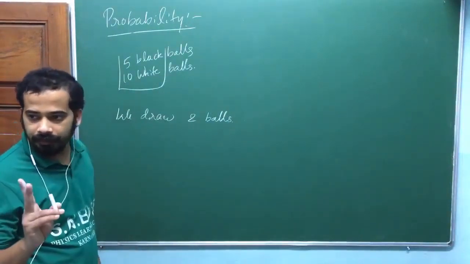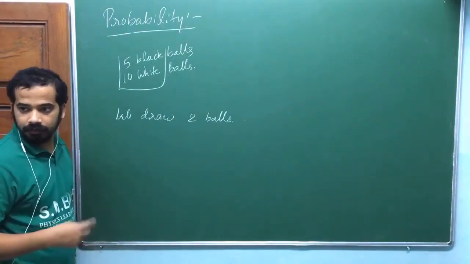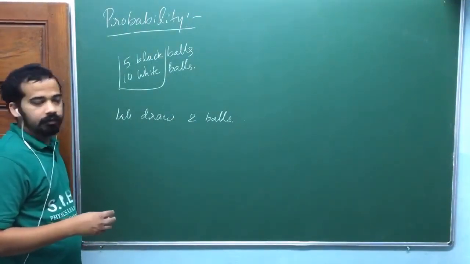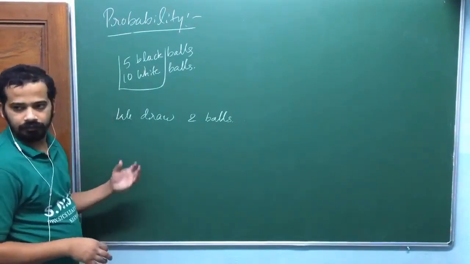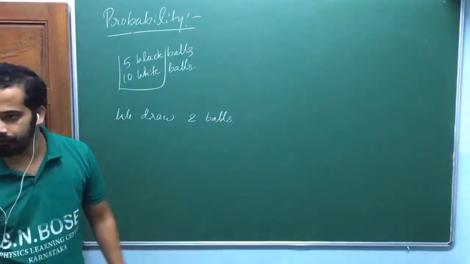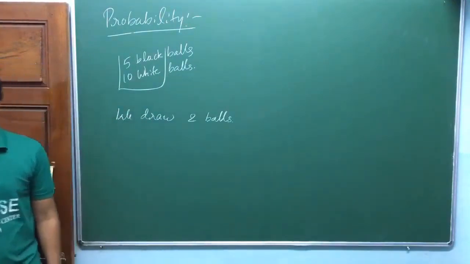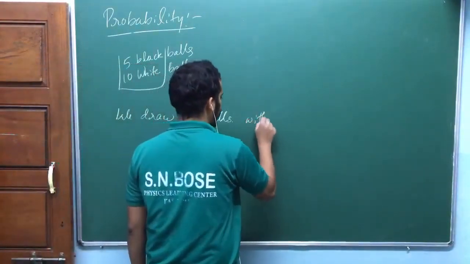Okay, there are 2 events here. Are you listening? Do we draw 2 balls together or one? No, again, one after the other. First ball is drawn. After that, you are drawing the second ball without replacing the first ball. Is that okay? We draw 2 balls without replacing.